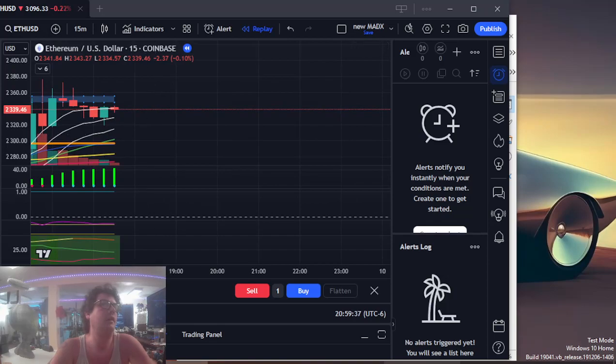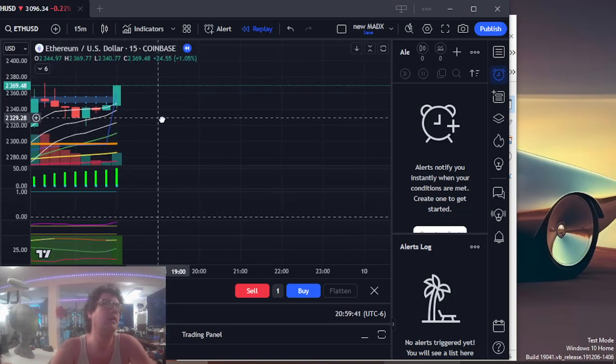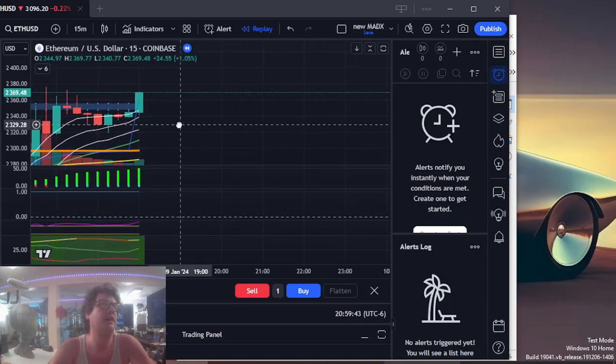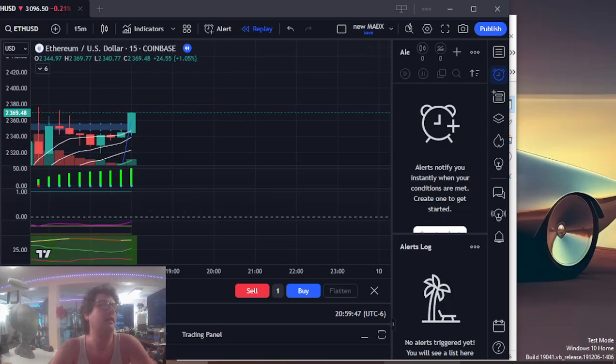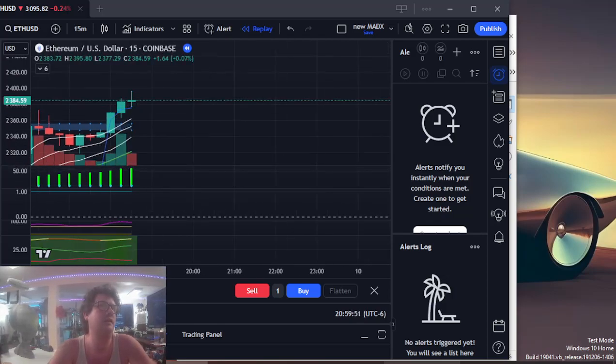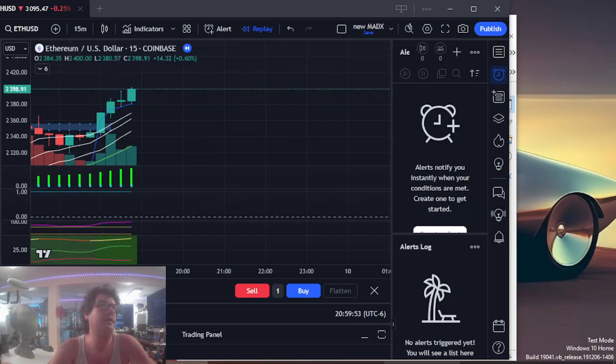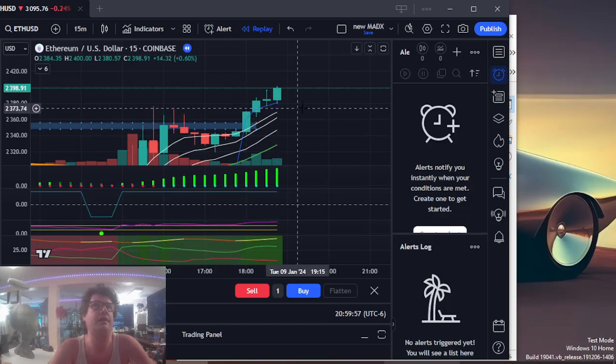Yep. It's a pretty confident break above the supply and demand zone. The other stuff doesn't make sense though. Really feels like this whole supply and demand zone breakout thing is real.